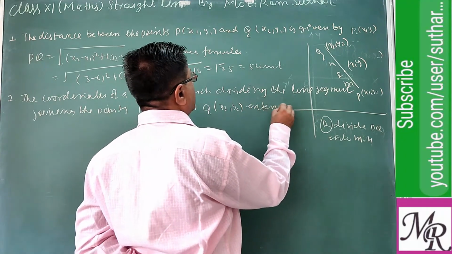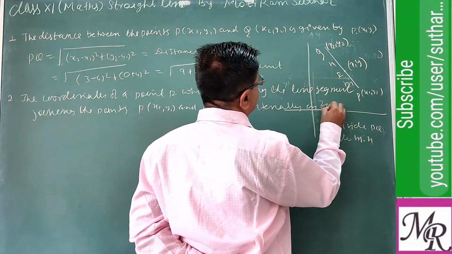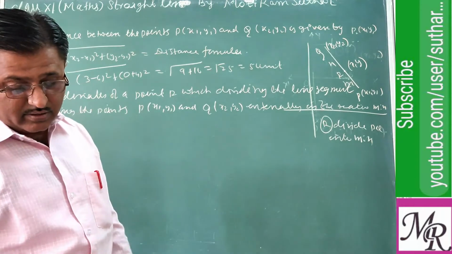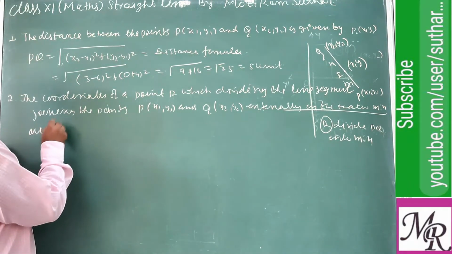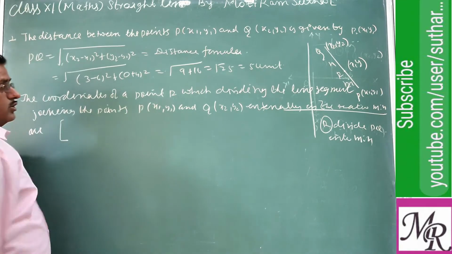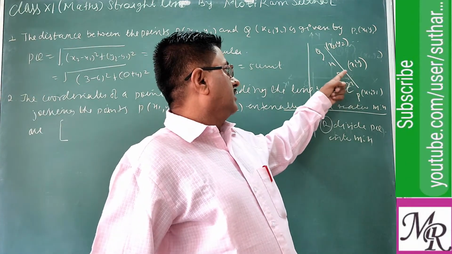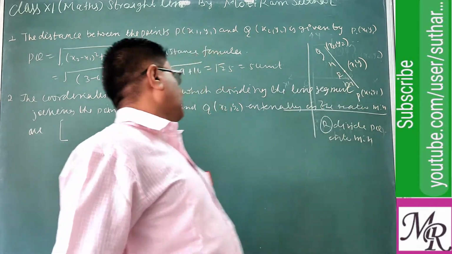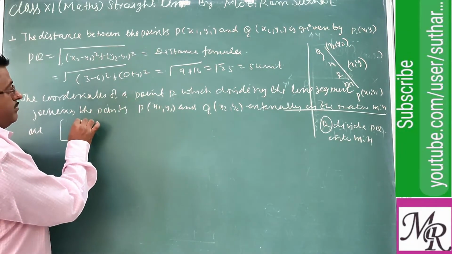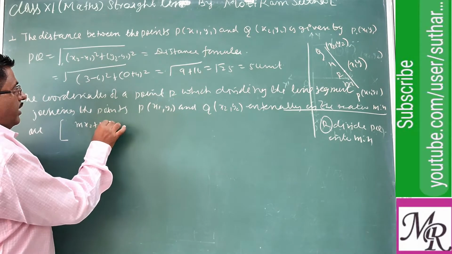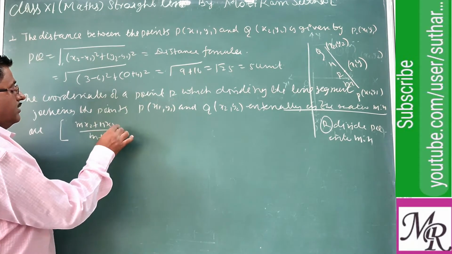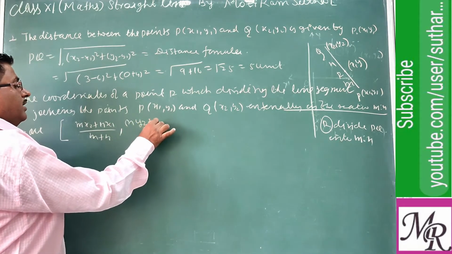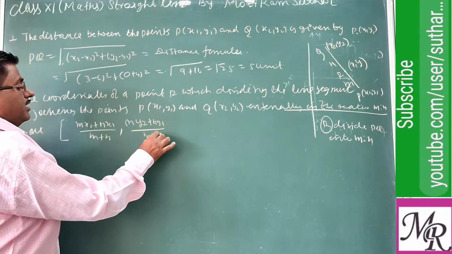So suppose we are taking internally in the ratio m:n. It is given by, so coordinate of point R. We already saw the formula: m into x2 plus n into x1 upon m plus n, that is the x coordinate of R. Therefore y coordinate is m y2 plus n y1 upon m plus n.